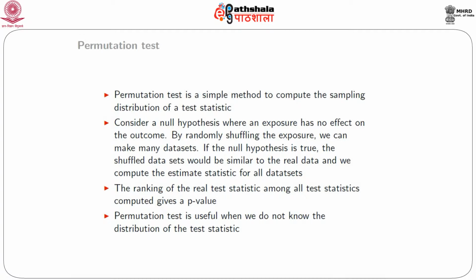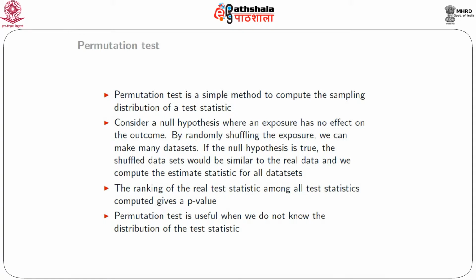That means, if we randomly shuffle the exposure, we can make up as many data sets as we like, and under the null hypothesis all of these shuffled data sets should look more or less like the real data. If they look different, then we have reasons to believe that the null hypothesis is not true.